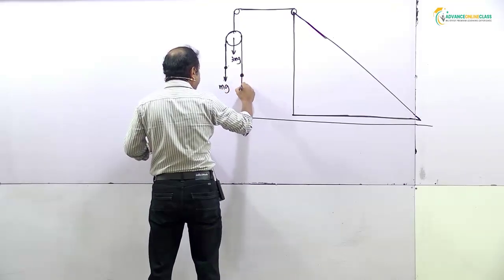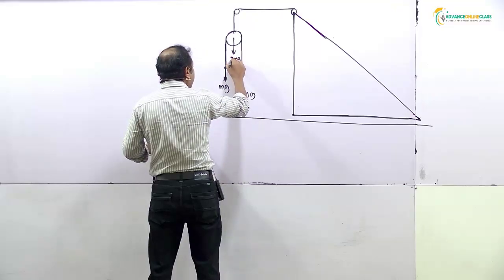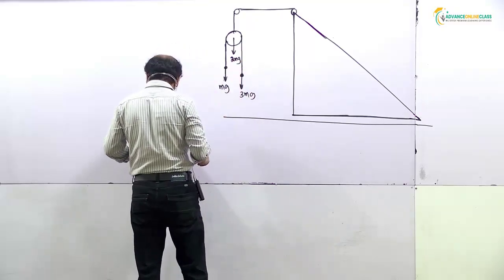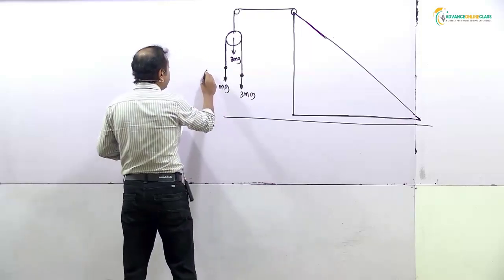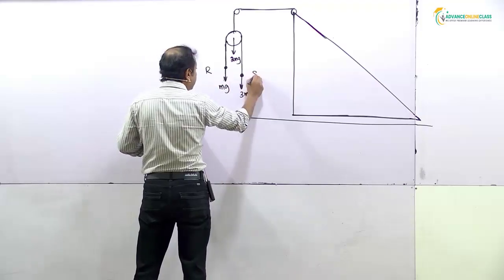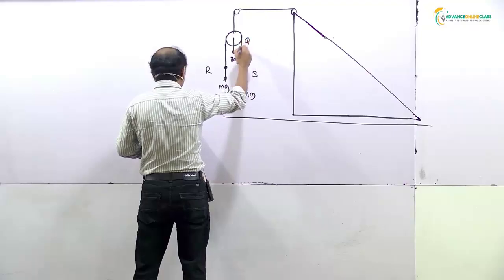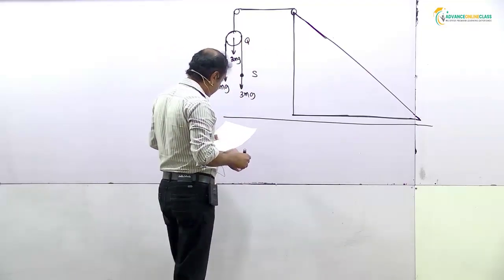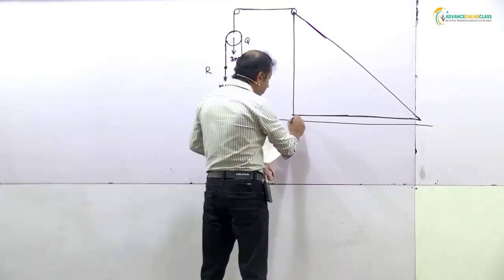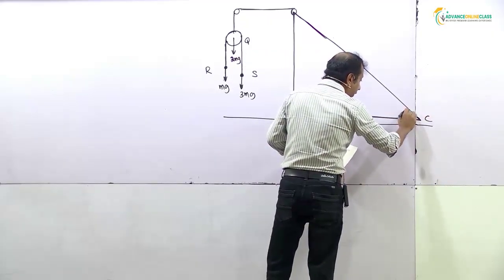This is 3mg. This is R. This is S. This subject is Q. Right. This point is B. This is C. Angle this is alpha.